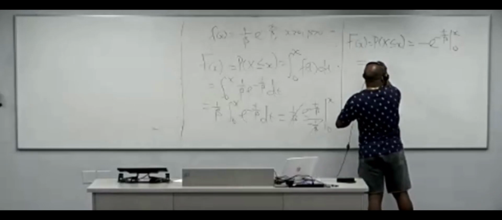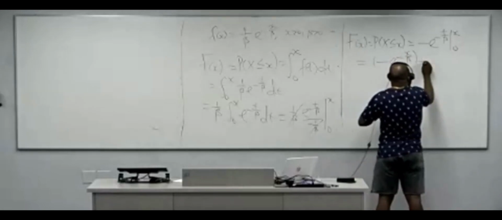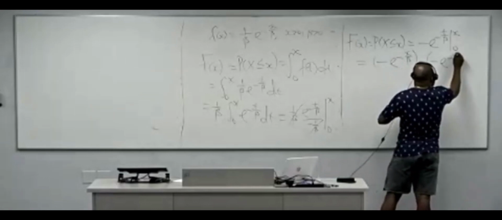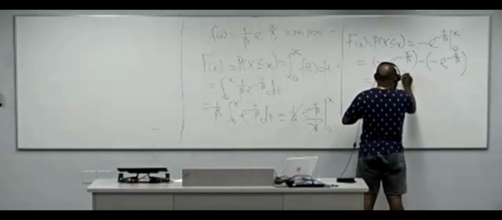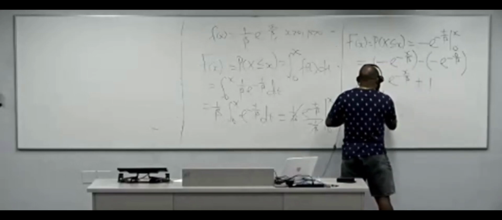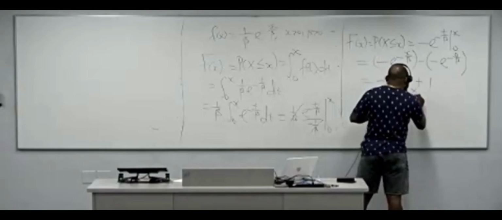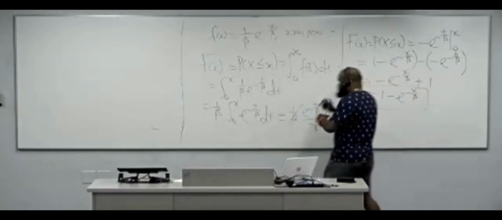So this is going to be negative exponential of negative x over beta, minus negative 1. And this is basically going to be plus 1, which is 1 minus the exponential of negative x over beta. Now this is the CDF that we talk about.